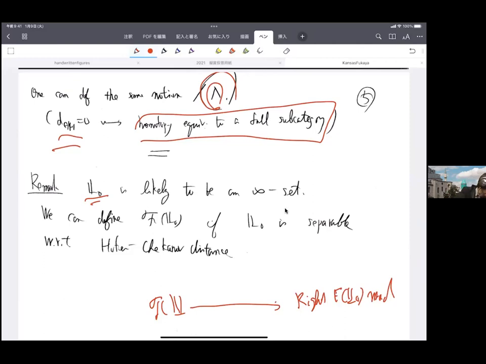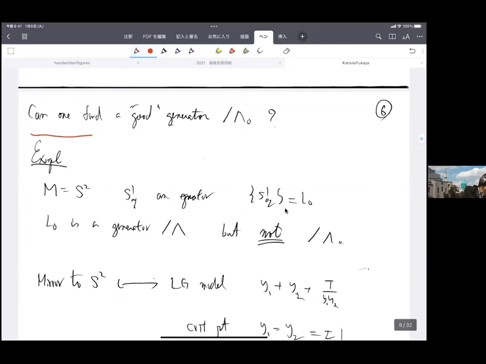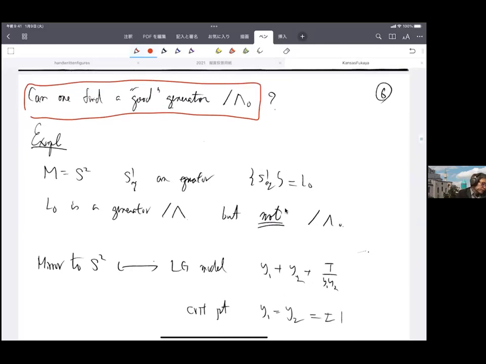But anyway, the main problem is: can one find a good generator over a Novikov ring? A good generator over the Novikov field was discovered by several people and used for various purposes. But what happens if you just consider a ring in place of a field? So the first example: let me consider a very easy case when M is a two-sphere.